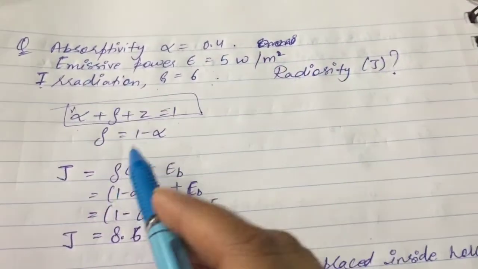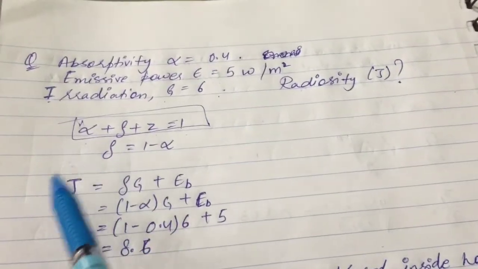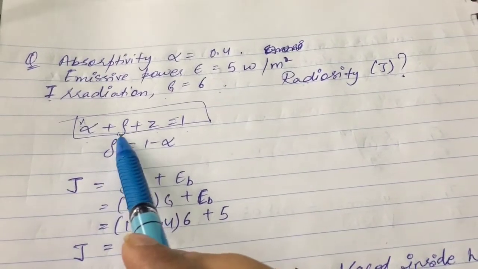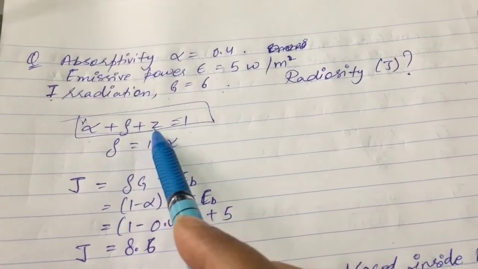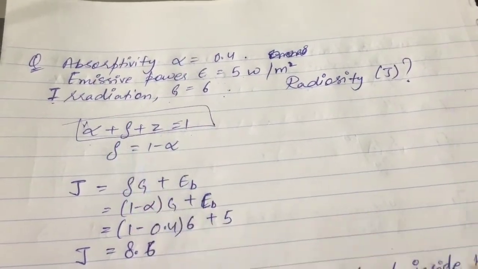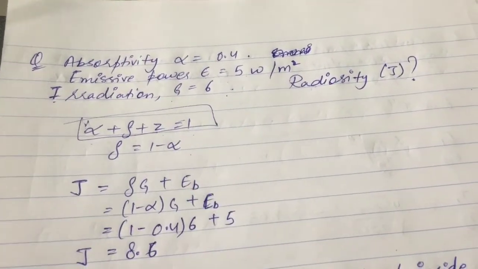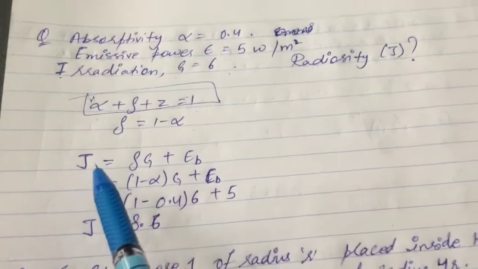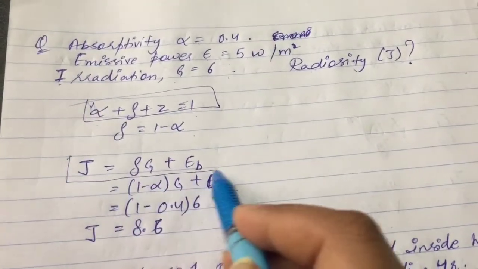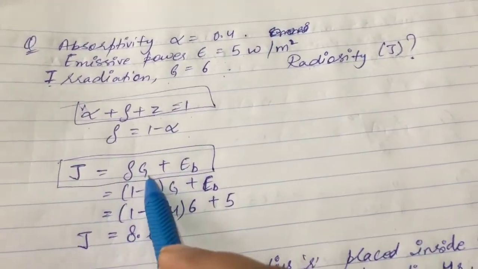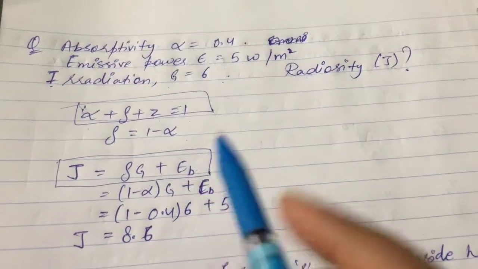Tau is not given in the question, so we would take it as 0. So we can say that rho is equal to 1 minus alpha.